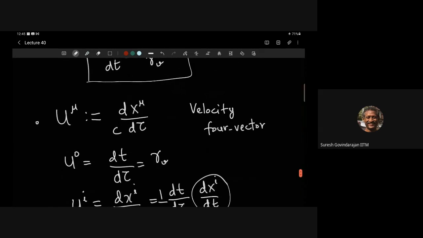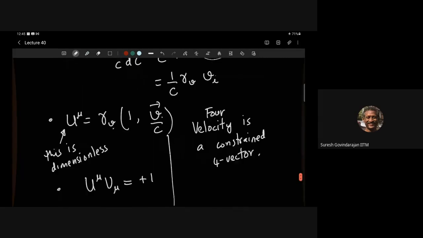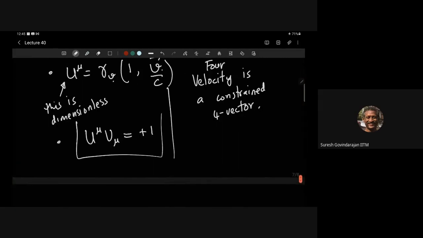That's because it's made out of d tau, which is a Lorentz scalar, and x mu, which is a 4-vector. That's all. How is it constrained? Because u mu u mu equals 1. Nothing needs to be done; you just work out the norm of this thing by definition. You do the calculation, you will see.